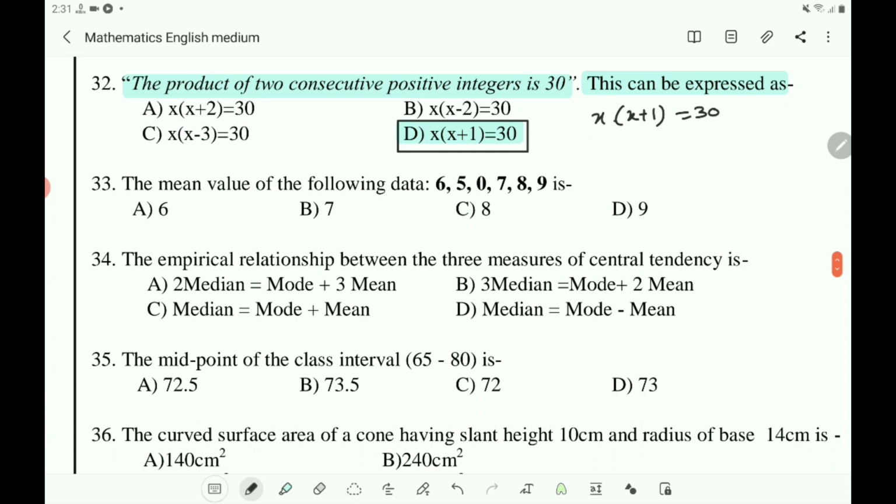Then you take the question number 33. The mean value of the following data 3, 5, 0, 7, 8, 9 is. Mean value means sum of all the scores divided by number of scores. Here you get the sum of the scores. 6 plus 5, 11, 11 plus 7, 18, 18 plus 8, 26, 26 plus 9, 35. 6 scores are there.